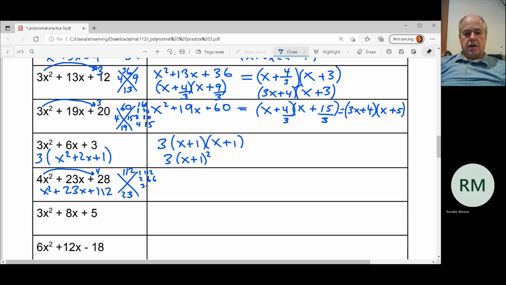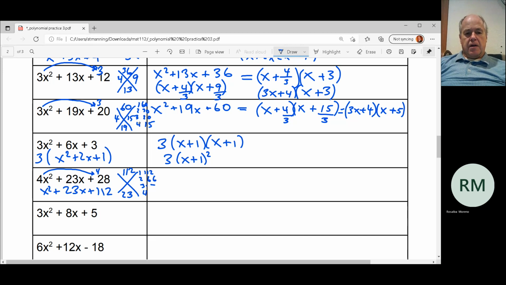No. 3 times something that ends with a 4. Oh, is there not a factor of 3? There is not a factor of 3. So there is not a 3 times anything.